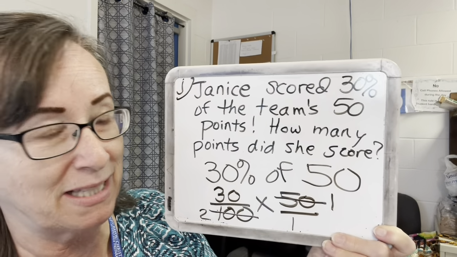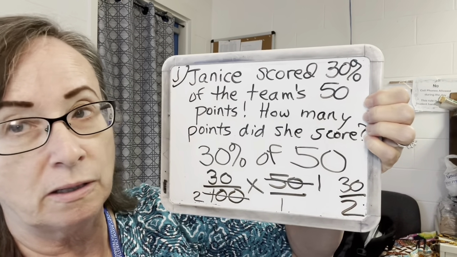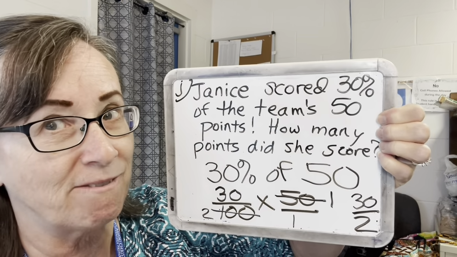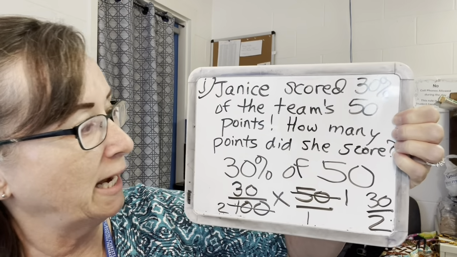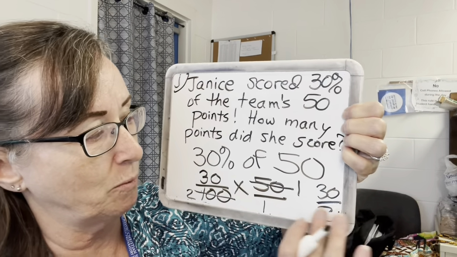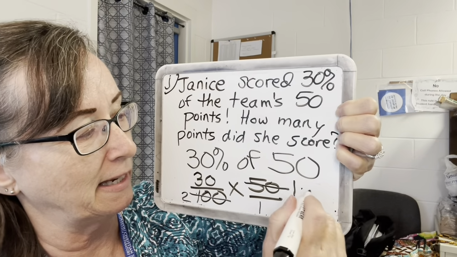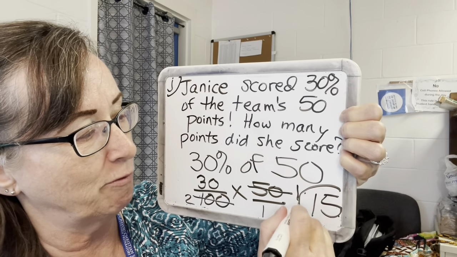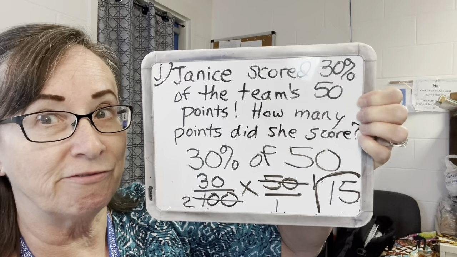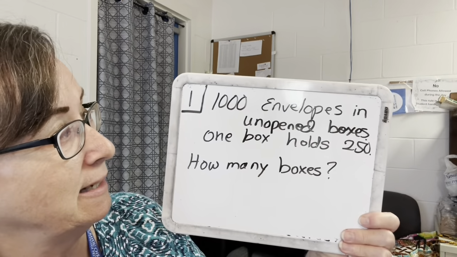So all I did was divide by 50 and 50 on the top and the bottom. And then I have 30 times 1 is 30, and 2 times 1 is 2. 30 divided by 2 is 15. So Janice made 15 points. So I'll just go ahead and write 15 here since I'm out of room. Janice scored 15 points.